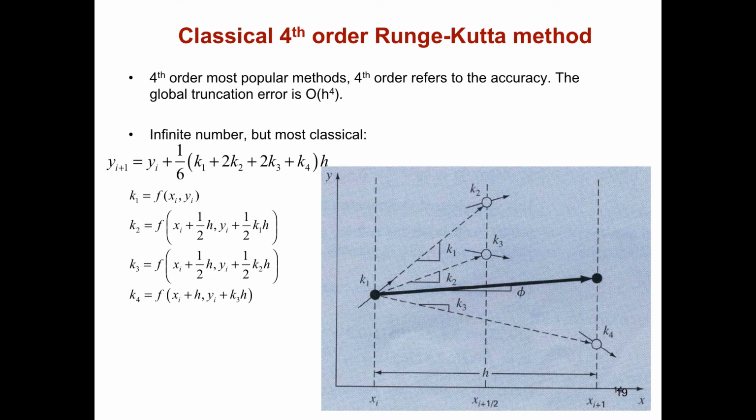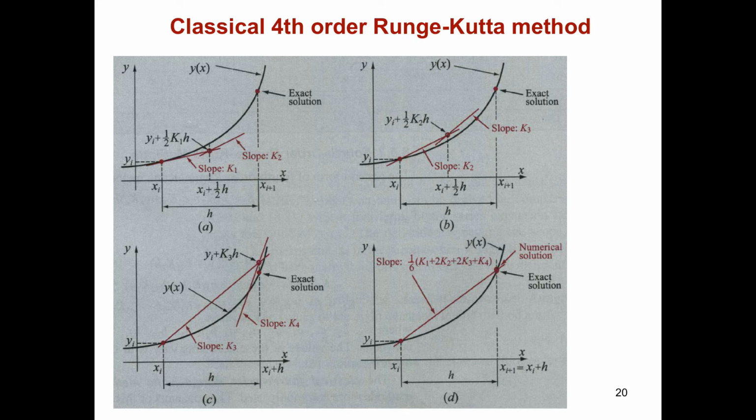It's kind of feeling out all of the slopes until it really gets it correctly. So basically what it does, I have my solution x_i and I have y_i. So this is the starting point. Then I say, instead of just going with one slope, I'm going to work with the slope a little. First, go halfway.